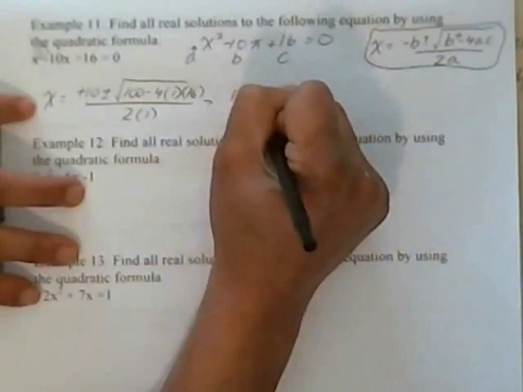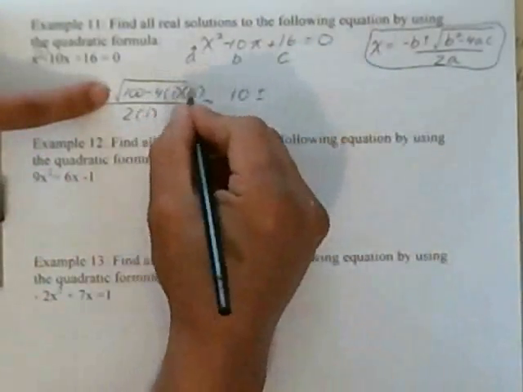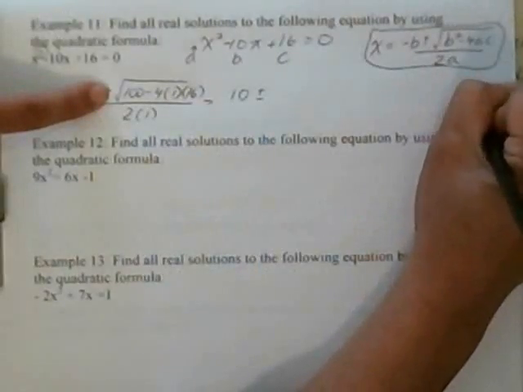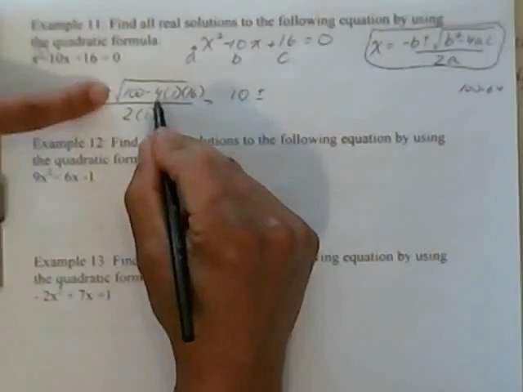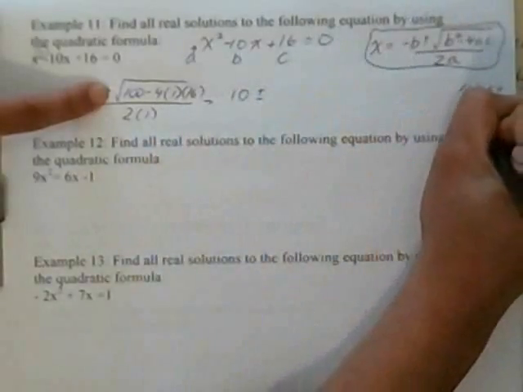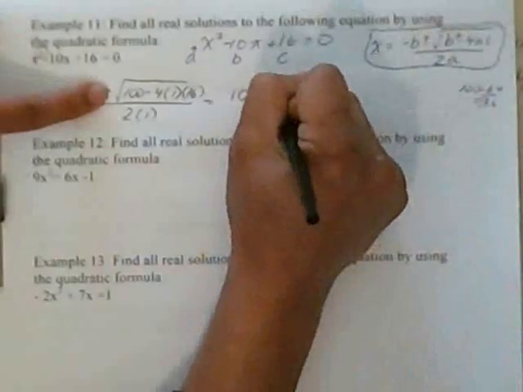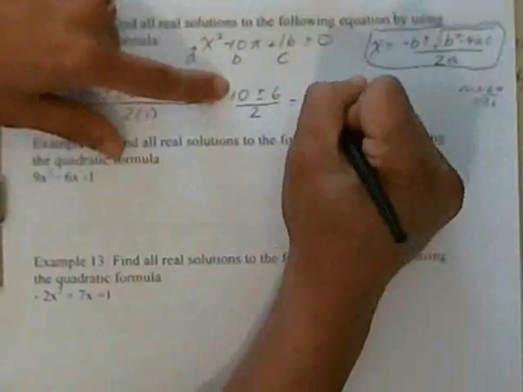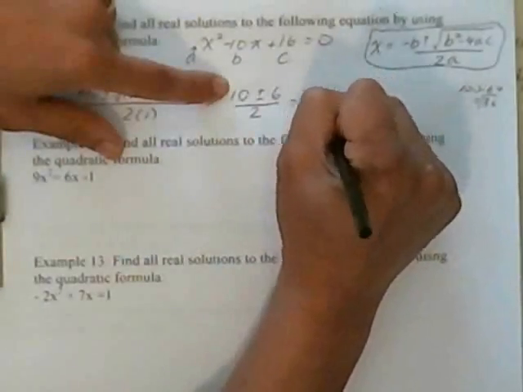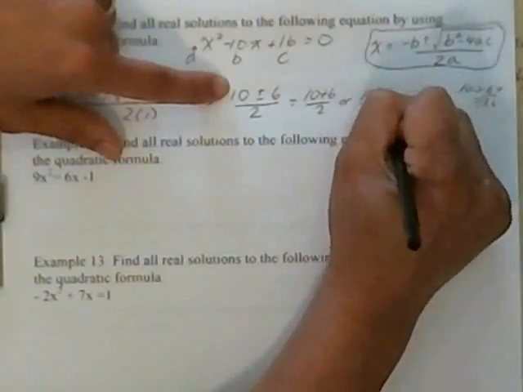And we're going to work this out a little bit differently. 100 minus 64. 4 times 16 is 64. That's equal to 36. And the square root of that is plus or minus 6, all over 2. That becomes 10 plus 6 over 2, or 10 minus 6 over 2.